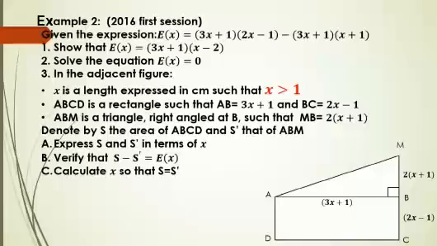The triangle ABM is right at B, and we have MB is equal to 2 into x plus 1. Let S be the area of the rectangle ABCD and S prime the area of ABM.